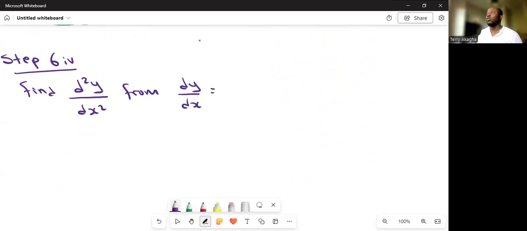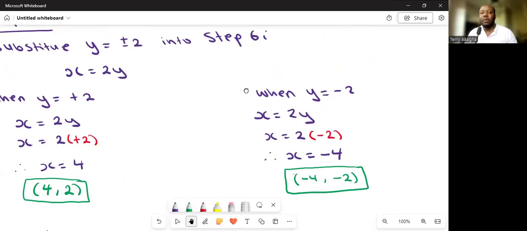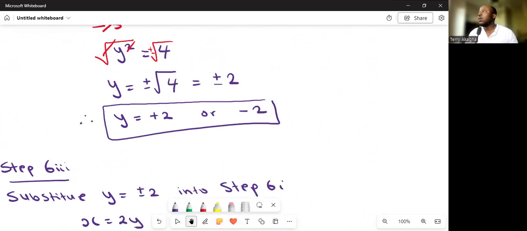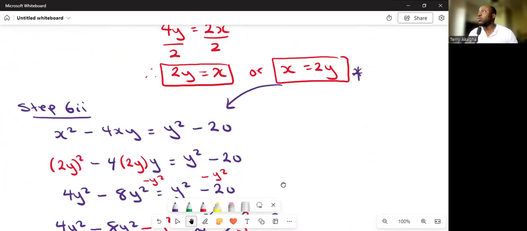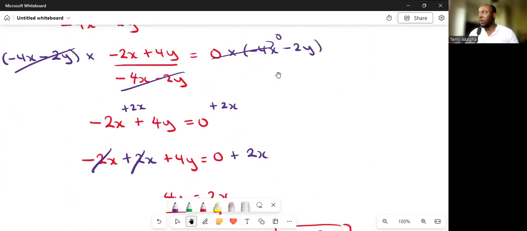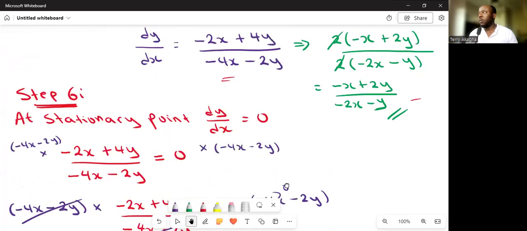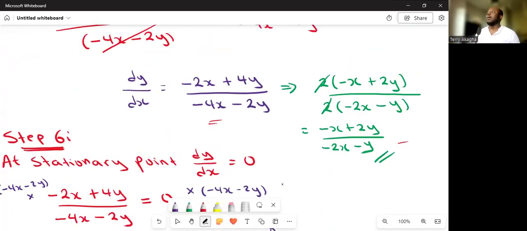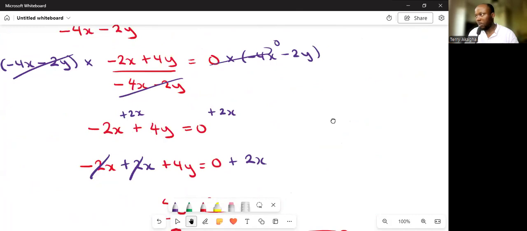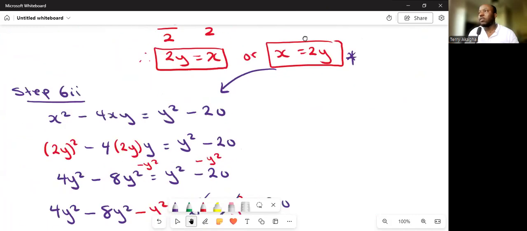What was that equal to? So we have to go back and find dy over dx. We had it to be minus 2x plus 4y divided by minus 4x minus 2y. Okay, so let's go.